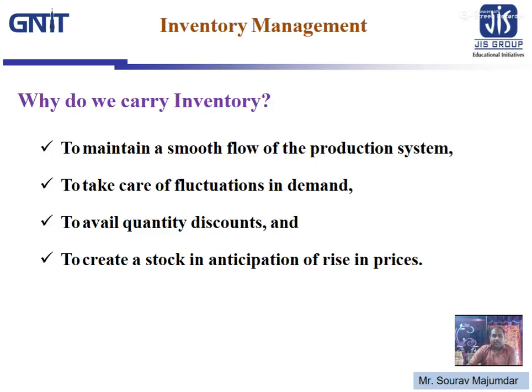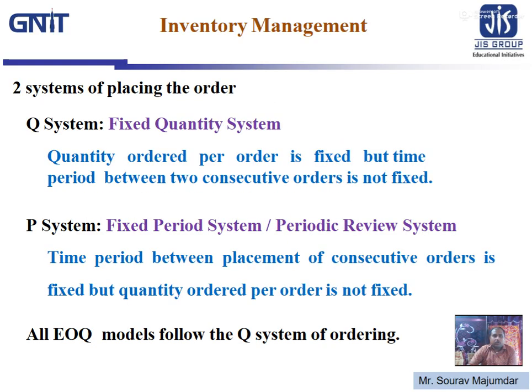Now come to the next slide. There are two types of systems to place an order: the Q system and the P system. The Q system can be defined as a fixed quantity system.